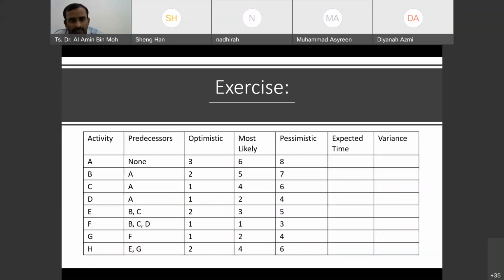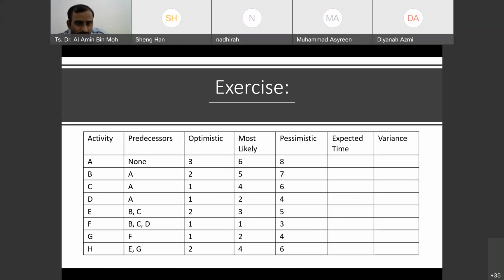I will give this exercise for you to develop the network diagram. Do you want to try, or should I wait? Can I assume this as take-home work? I just don't want to wait for you to calculate.